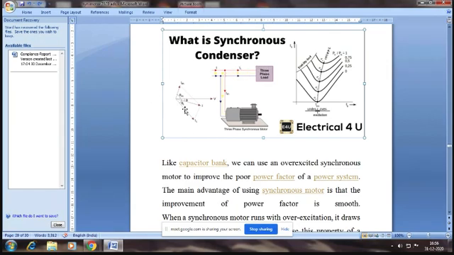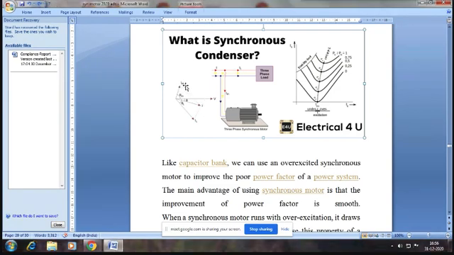That will lag because it's a lagging load, lag by a larger value theta L with respect to V. And the current taken by the synchronous motor leads the applied voltage by a certain angle theta M.